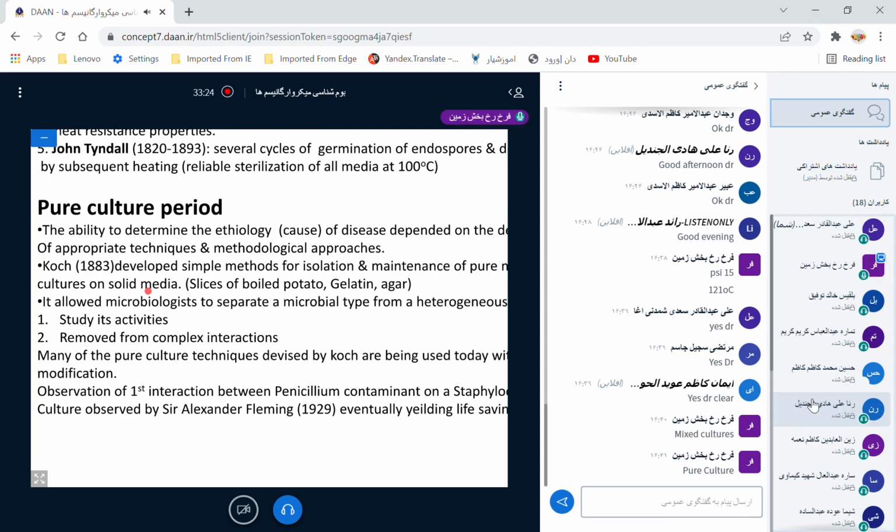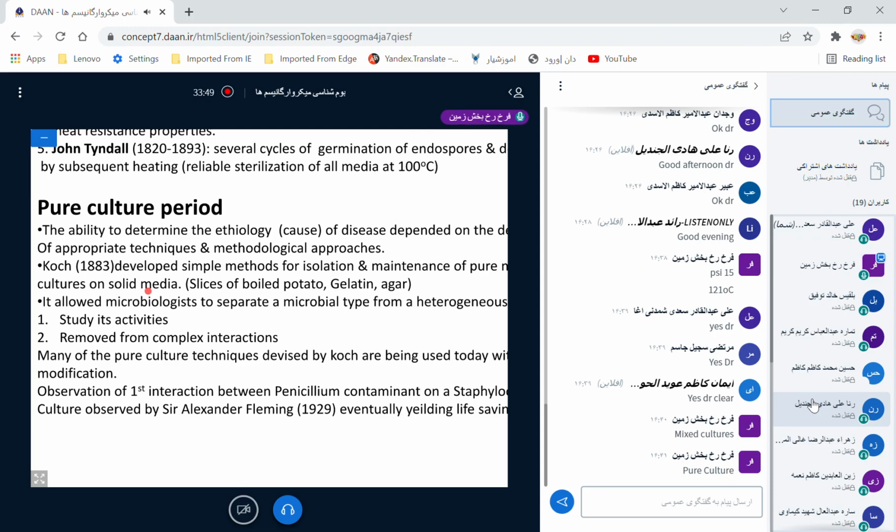Which one is better? The question is not complete. When we say which one is better, we should ask in which situation. If our aim is isolation and purification, solid media is better.